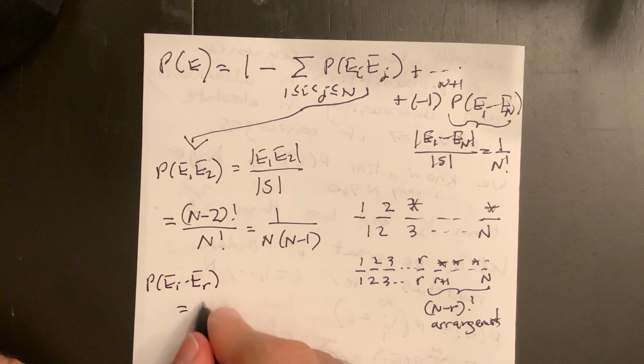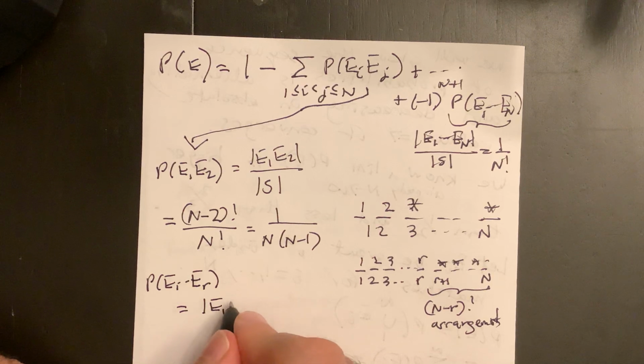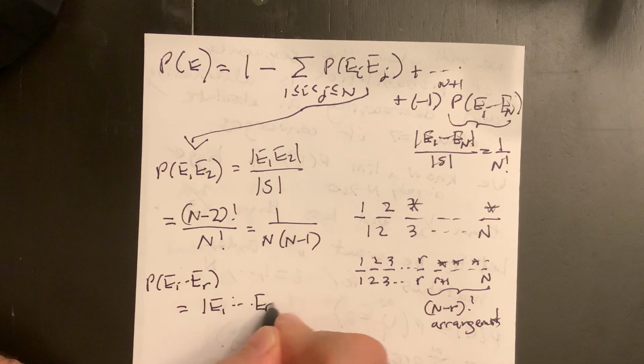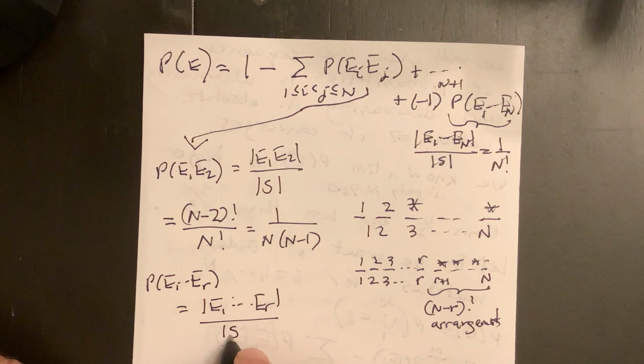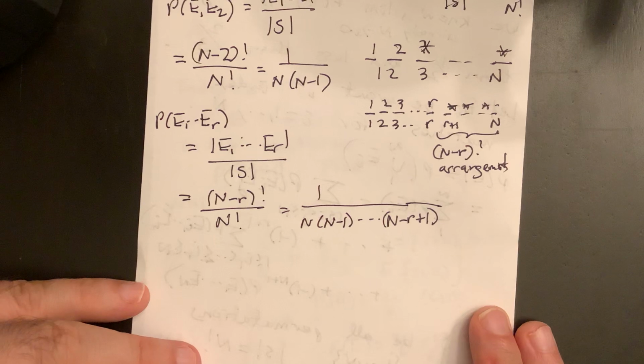So this is just equal to the size of E1 through Er over the size of S, which is equal to n minus r factorial over n factorial. I could write it all out too. It's just 1 over n times n minus 1 dot dot dot n minus r plus 1 down here.